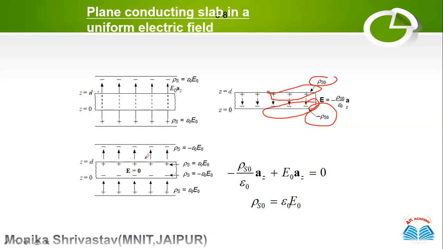But the electric field inside will be zero, whether it is polarized or non-polarized. So this is the important thing. But outside, the electric field will change accordingly. How we can calculate that electric field, I'll tell you in this lecture only.